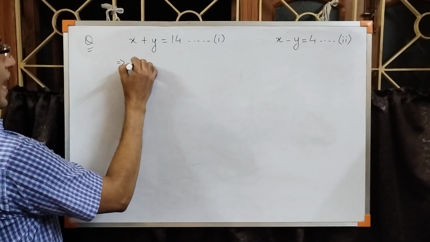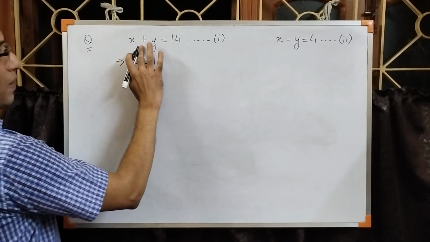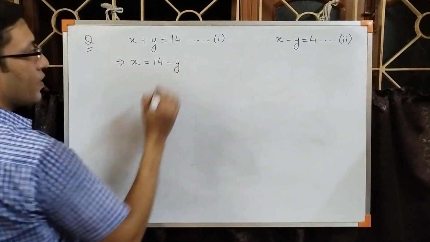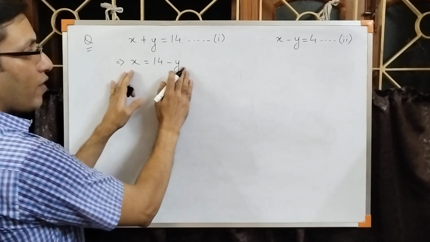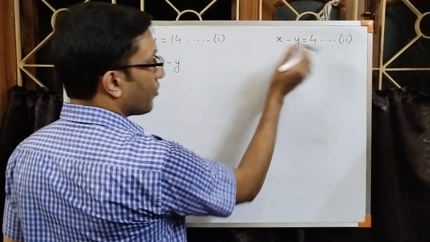So the value of x is equal to 14. When this plus y is transposed to the right side, it becomes minus y. Now this value of x, 14 minus y, we will be replacing in this equation.